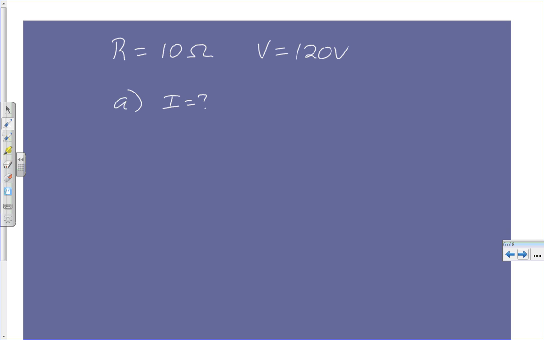For that, we just need the Ohm's law equation. R equals V over I, so I equals V over R. Take the 120 volts divided by the 10 ohms, and we would have 12 amps of current.